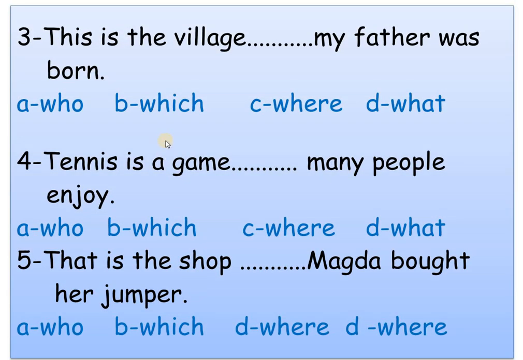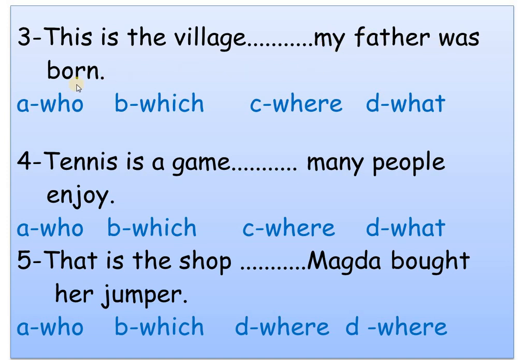Other questions. This is the village space my father was born. Try to concentrate on this sentence carefully, please. This is the village. The village, we can consider it as a place or something. So we can use after the village the word which if it is something, or where if it is a place. How can we choose one of them? Look at the other sentence after the space.